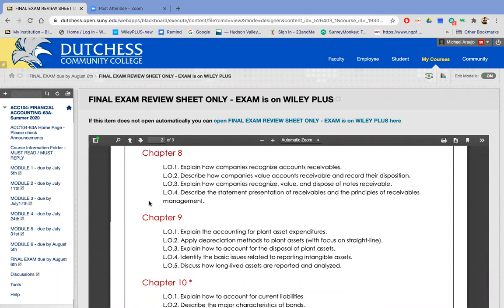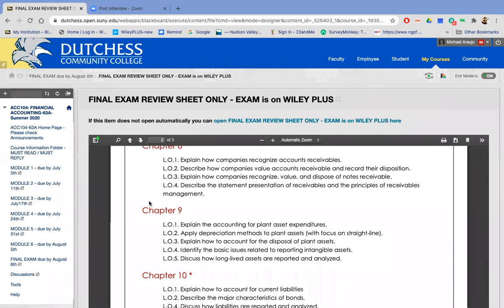Chapter 8 dealt specifically with receivables. Most of chapter 8 was about accounts receivable, and then there was a portion of chapter 8 that talked about notes receivable. Chapter 9 was really about the long-term assets, your property, plant, and equipment, and your intangible assets.